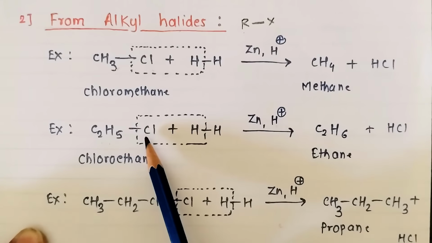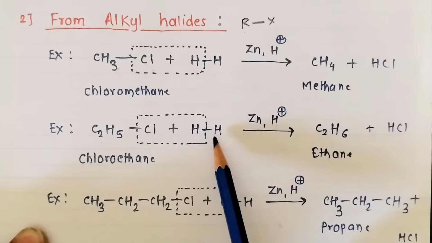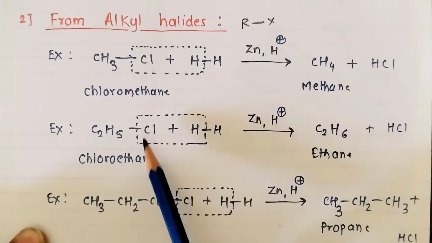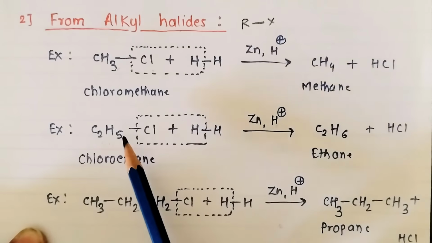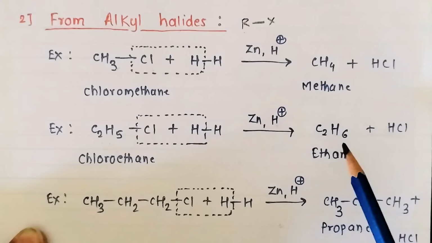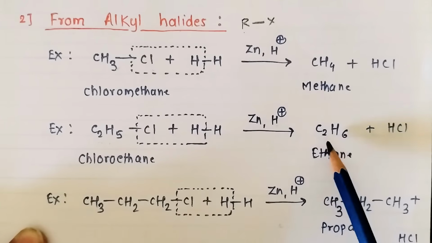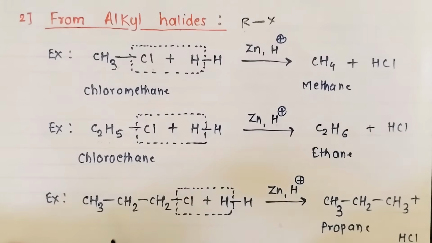Here the chlorine from chloroethane and one hydrogen from the H2 molecule are removed as HCl, and the remaining hydrogen is attached to this alkyl group to form alkane, that is C2H5 and hydrogen, C2H6. We get ethane.